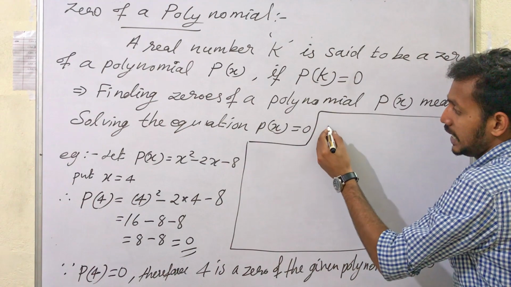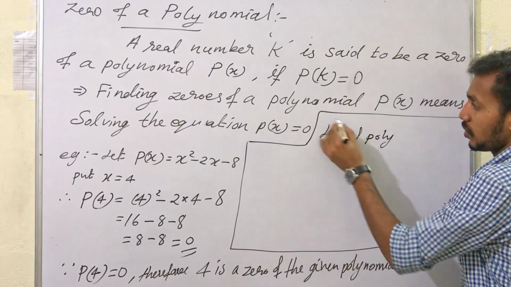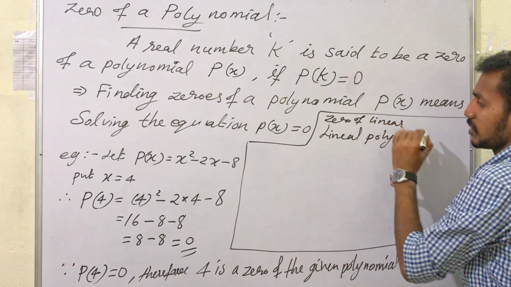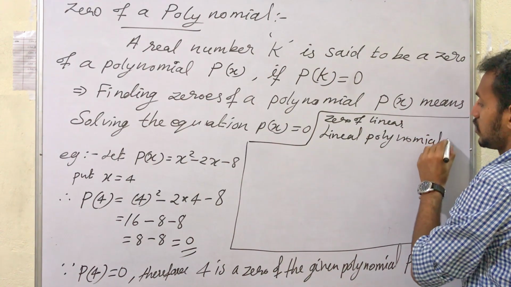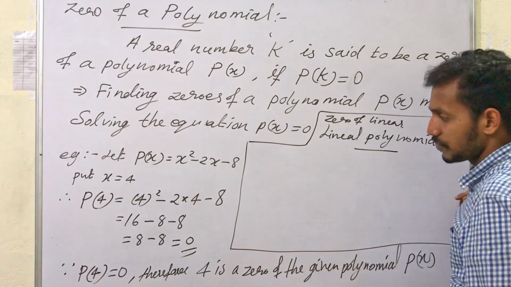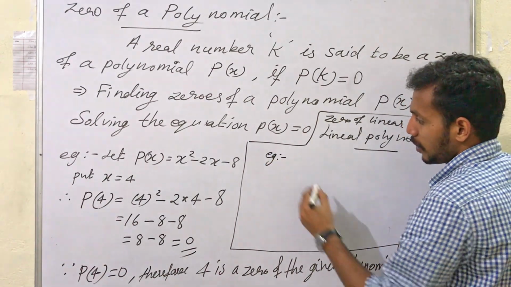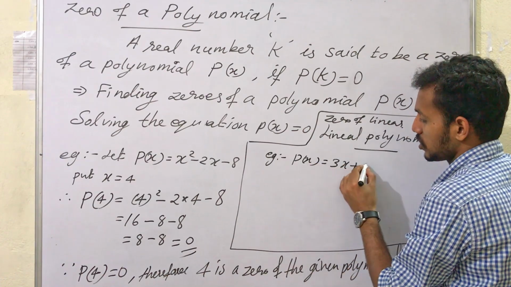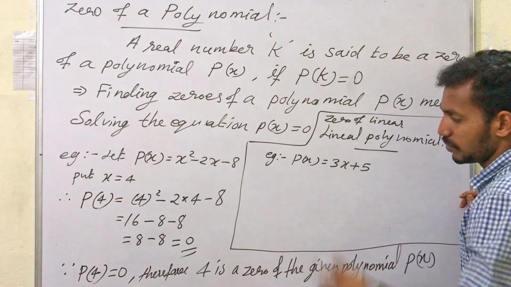In case of a linear polynomial, the 0 of the polynomial is very easy to find. For example, p of x is equal to 3x plus 5. This is the polynomial given.